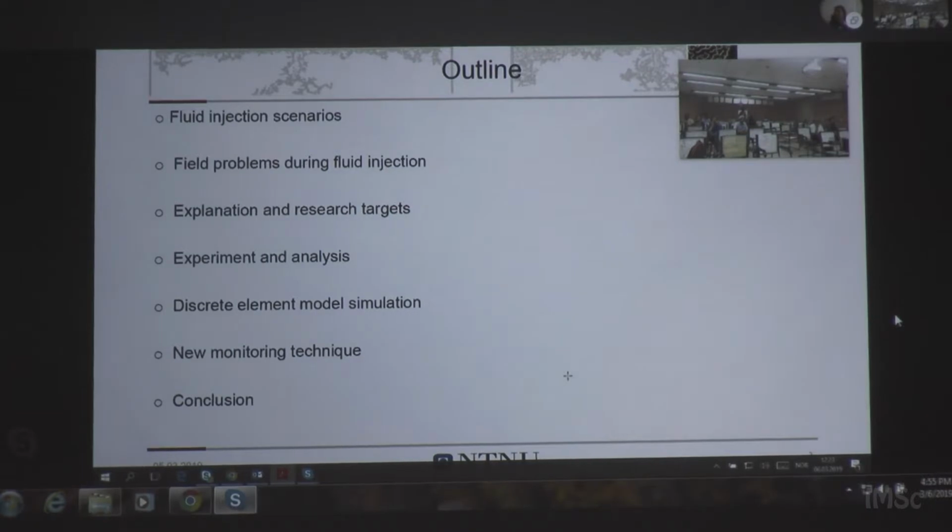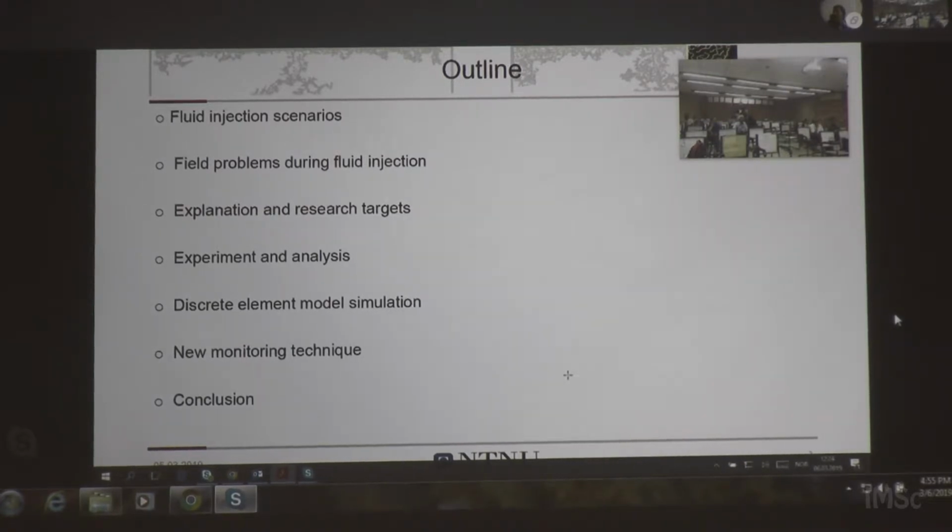This is the outline. So I will give some scenarios, some examples of fluid injections at field scale, and then I'll discuss what problems the operators are facing during fluid injection, and what are the explanations and research targets to solve those issues.